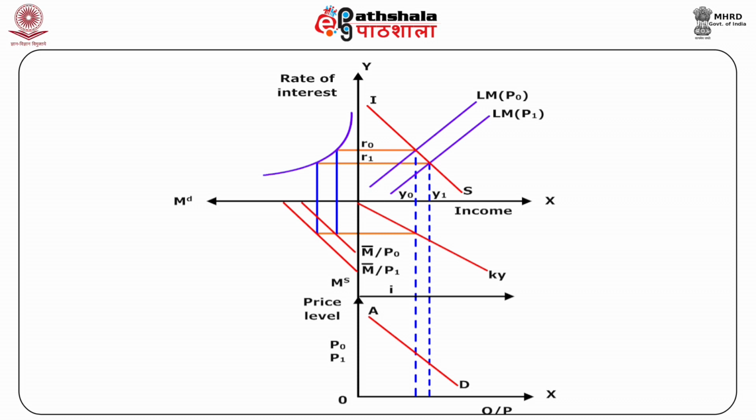On the y axis, we are measuring the rate of interest. In the first quadrant, we have the LM function, which relates the rate of interest to the level of income or real output. So, in the first quadrant, we have the rate of interest on the y axis and real output on the x axis.